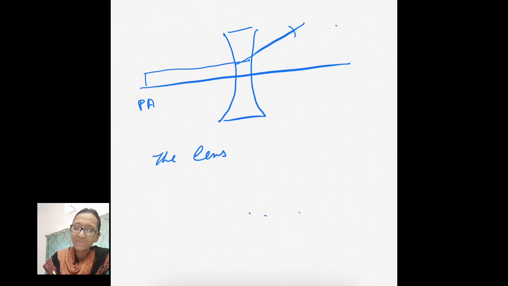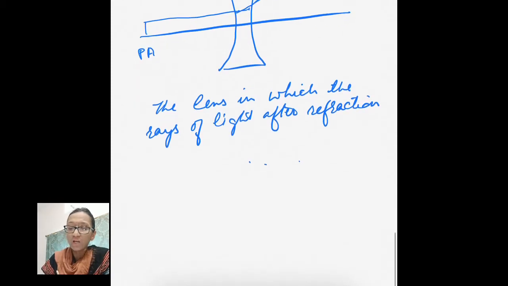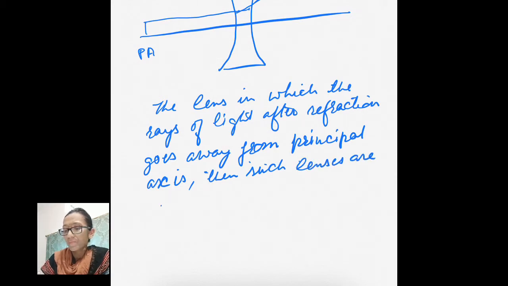The lens in which the rays of light after refraction go away from principal axis, then such lenses are called diverging lenses.